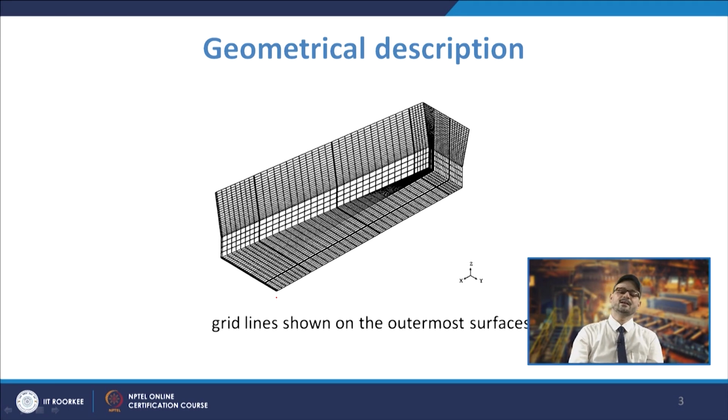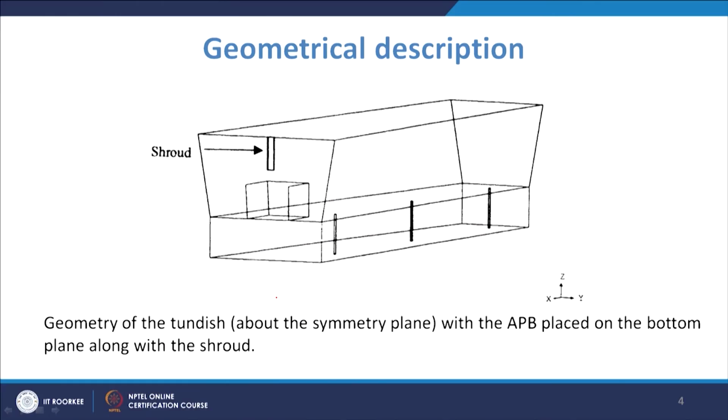Then, as usual, we define the grids in the different zones, and you can have the gridded structure, and further you can also use the flow modifiers. We have used the flow modifier as the advanced pouring box in this case.